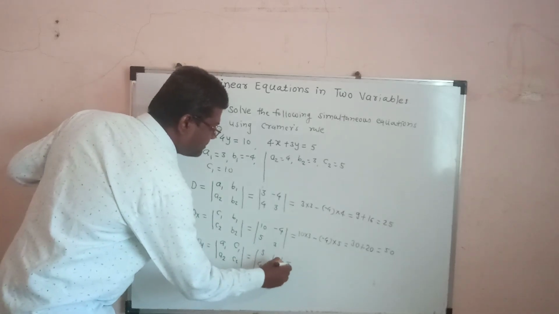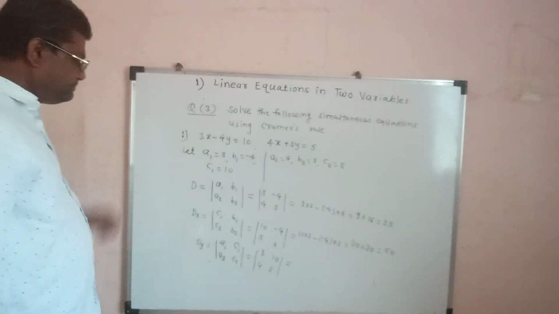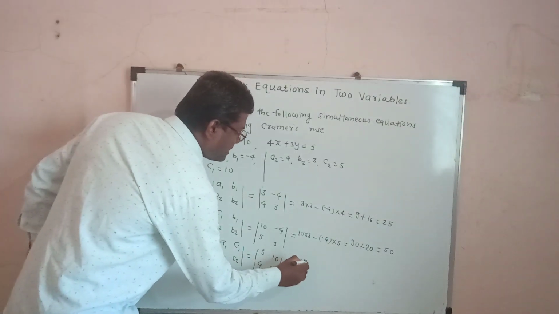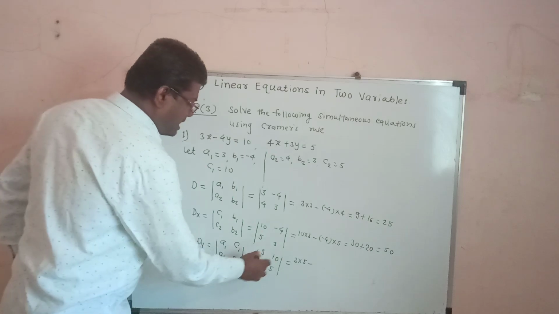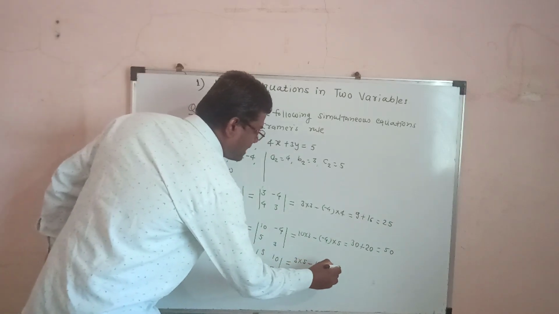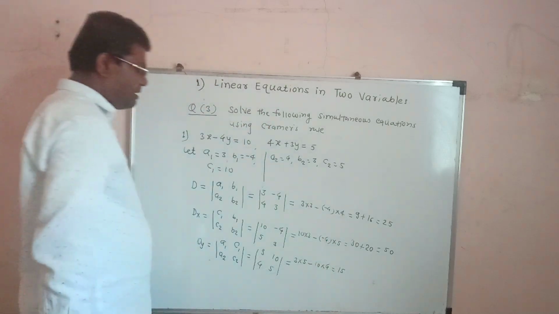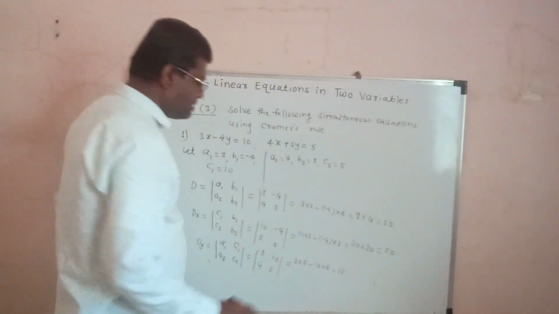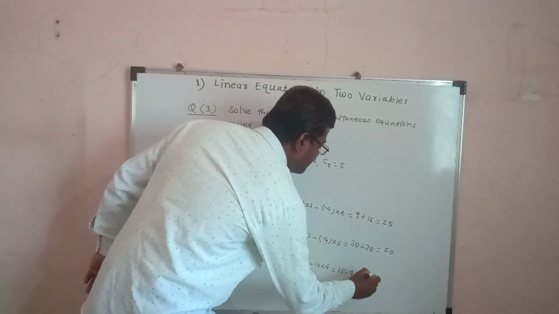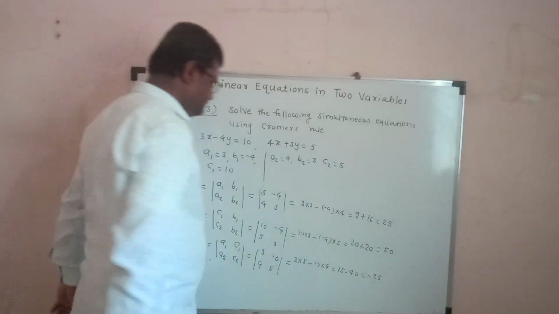So we take cross multiplication. 3 into 5 minus 10 into 4, that will be 15 minus 40, which is equal to minus 25.